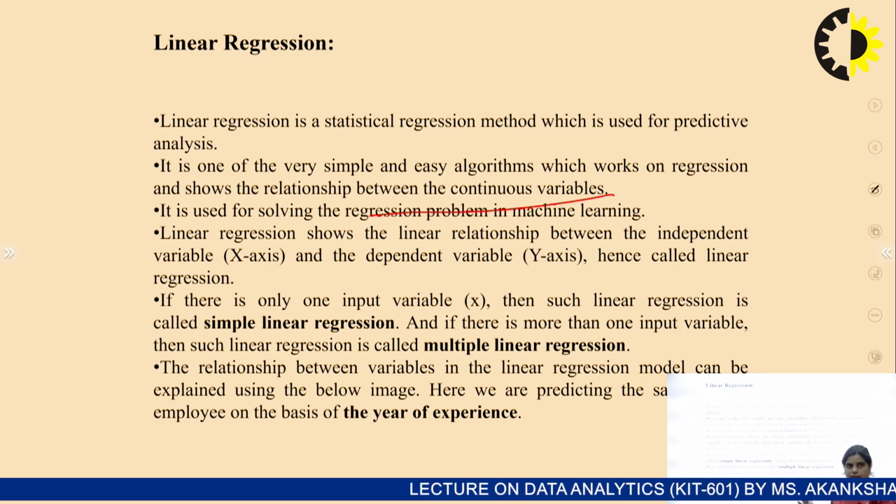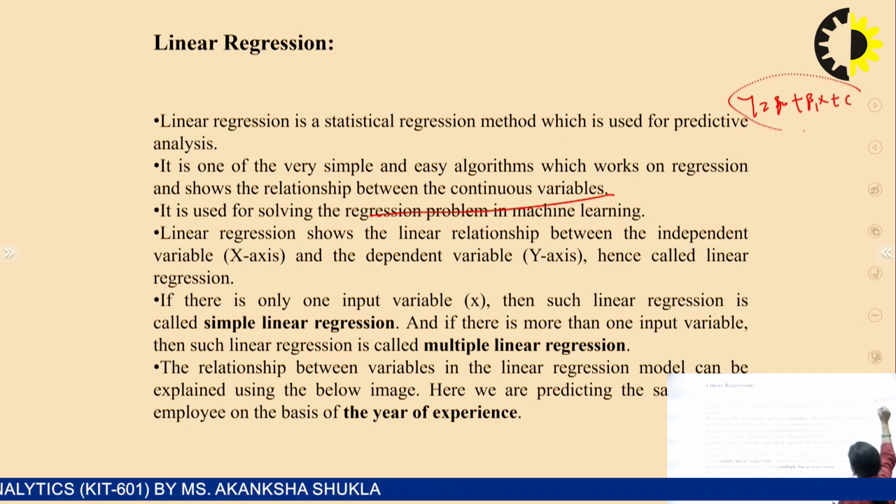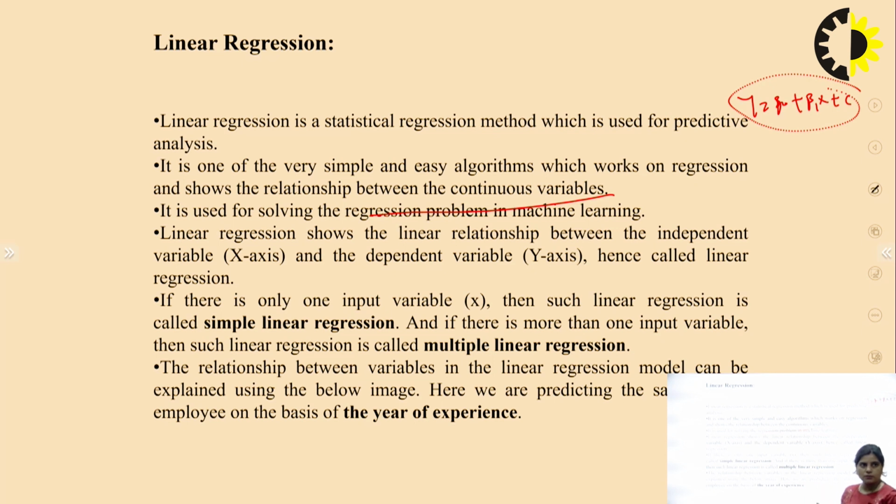It shows the linear relationship between the dependent and independent variable, just like y is equal to b0 plus b1 x plus c. So, this is a simple linear regression equation. That's why it is called linear regression. If there is only one input variable x, then such linear regression is called simple linear regression.